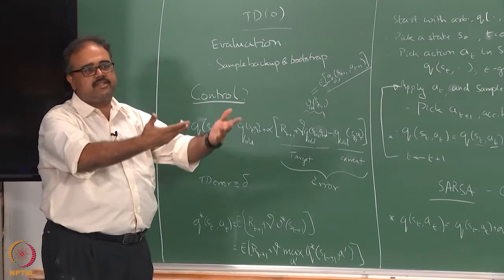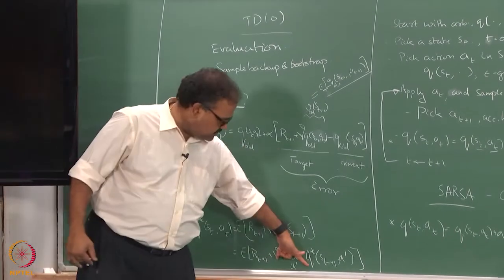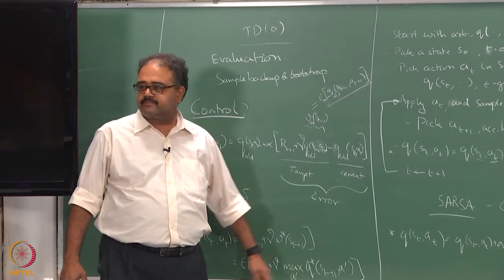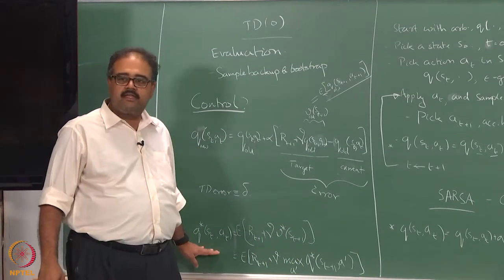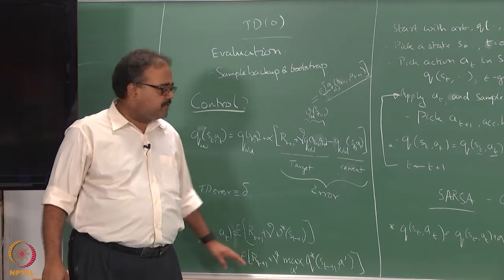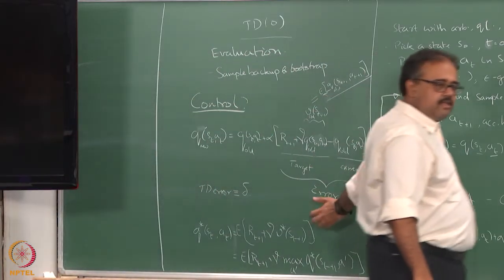Now we can do our stochastic updating rule. This is my target, this is my current estimate. So putting this together I can just write a rule like this.